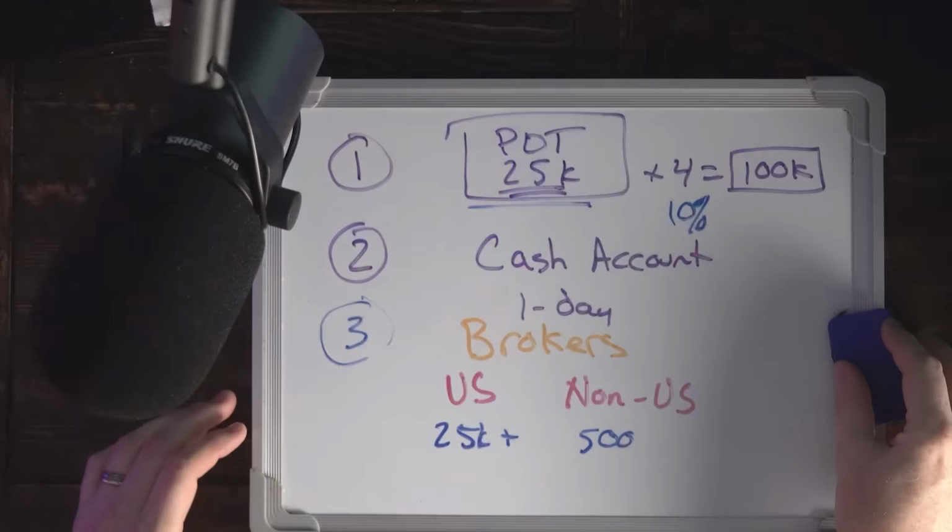If you're comfortable with an international broker, and you're comfortable with the fact that if that broker went bankrupt all of a sudden, they go out of business, what would be your recourse for getting money out of an account that's in Ireland or in the Caribbean or wherever it is? It might be hard. You might not be able to get it. And so I want to present to you this as essentially a list of choices that you have. And you have to make the choice that best serves you.